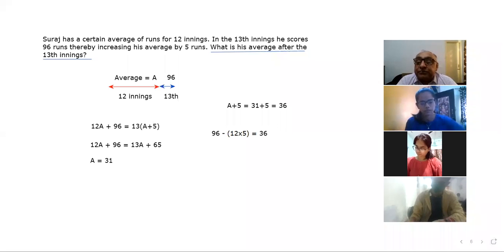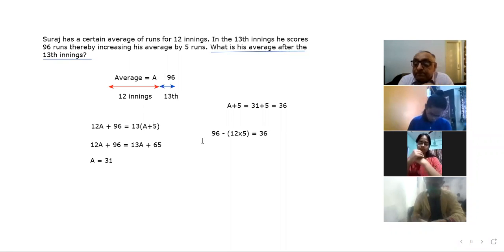This is the point. Second way, beta. In the 13th innings, the total score is 96, and due to the 13th inning score, the average score of the previous 12 innings has also increased by 5.